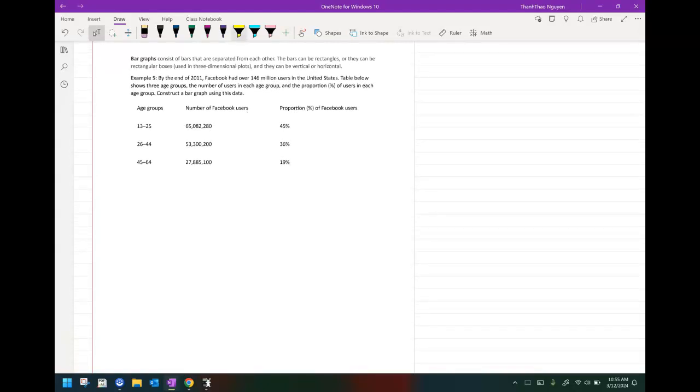So I will go ahead and construct this bar graph using the age group and the proportion of Facebook users, because it's easier than trying to make a scale with large numbers. On the x-axis, I will have the age group.